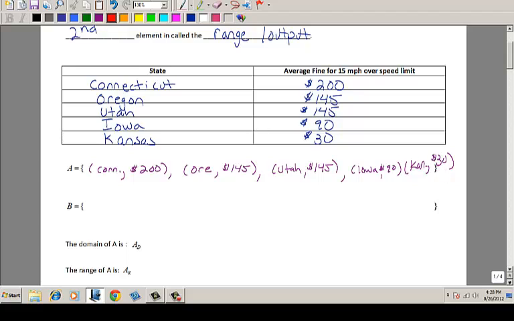My second relation, relation B, I'll make the average fine my input value and the state will be my output value. So we'll have $200 Connecticut, $145 Oregon, and so on.